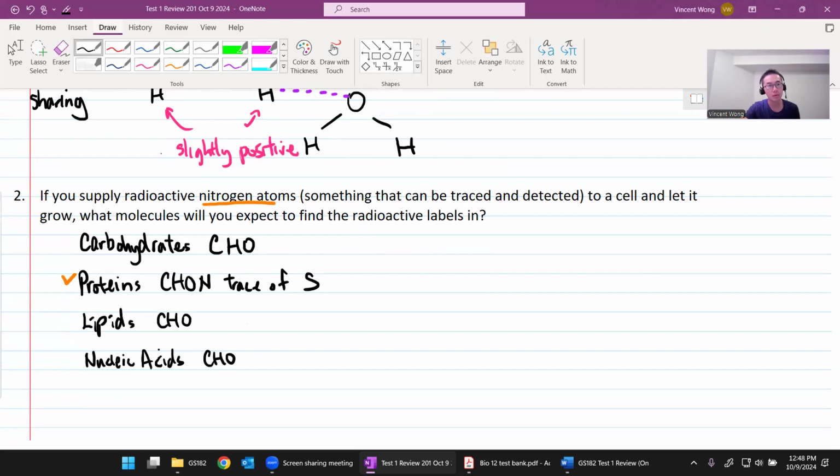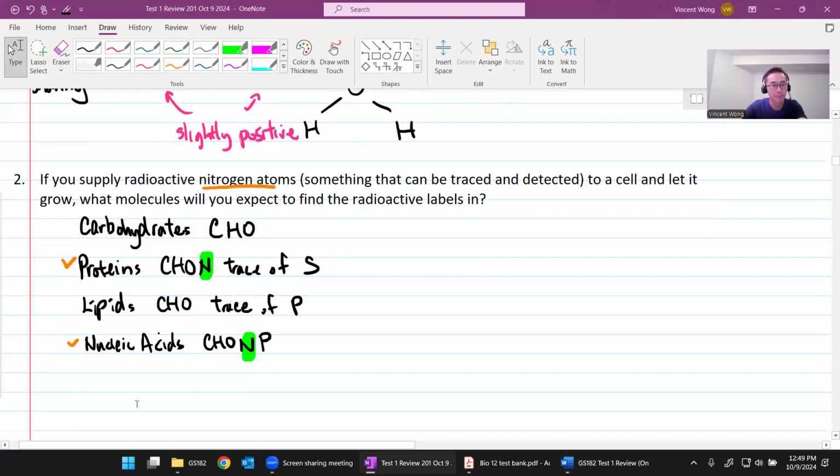Lipid is CHO with trace of P in the phospholipid specifically. And nucleic acid has CHO as well as P. So the answer to this question would be proteins and nucleic acid, both of which have nitrogen in them. Okay, so sometimes a question seems very strange, but you've got to read between the lines and think about what it is actually trying to ask you. So that's that.